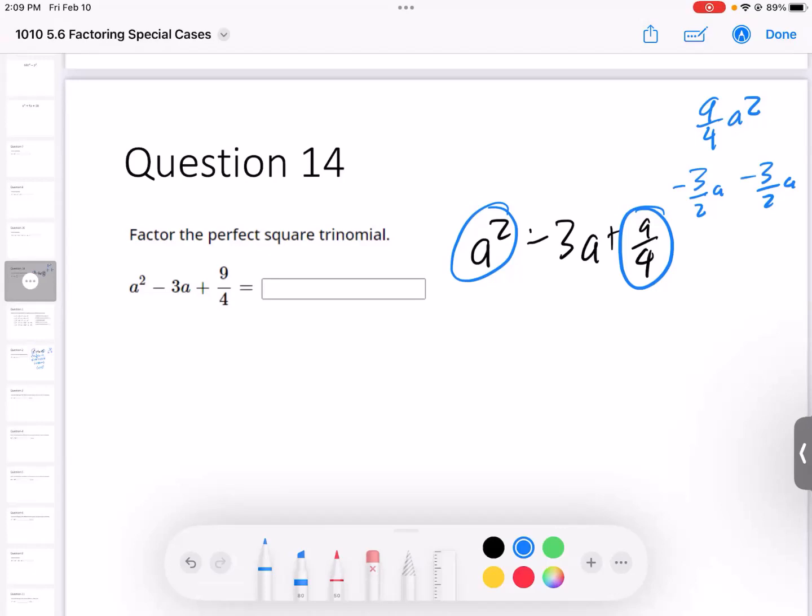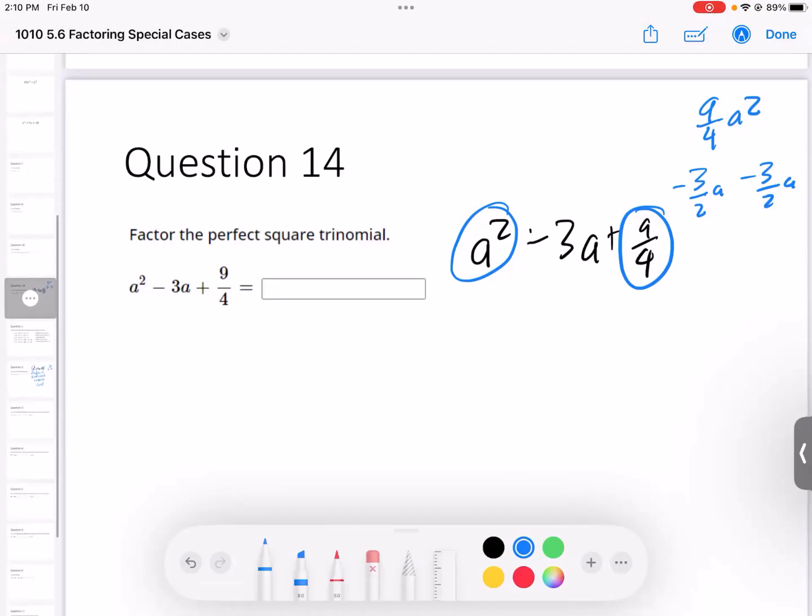And if you test that out, -3/2 plus -3/2 is -6/2, which is -3. And so that's how you would deal with it. I guess it is useful to know it's a perfect square trinomial when you have fractions, because if you had no idea what types of fractions to start guessing, that might be really difficult. But that's how you would do one like that.